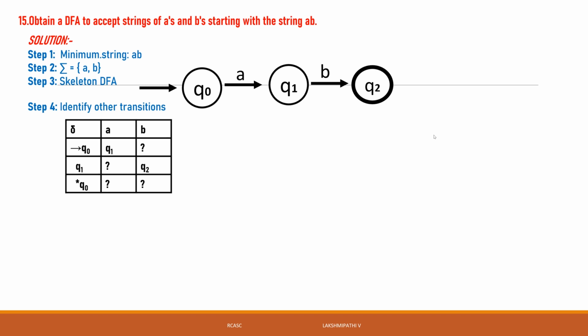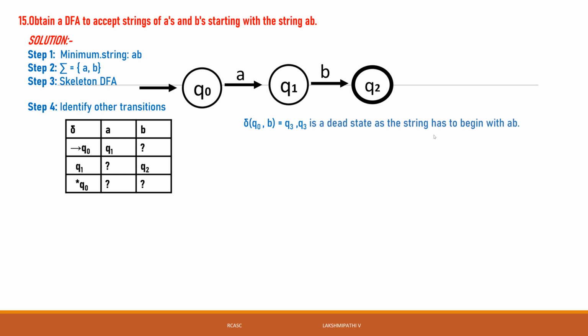Q0 of A is Q1, Q0 of B is a question mark, Q1 of A we also don't know, Q1 of B is Q2, and Q2 of A and Q2 of B we also don't know. Those are the undefined states. Then we go for the first one, Q0 of B.